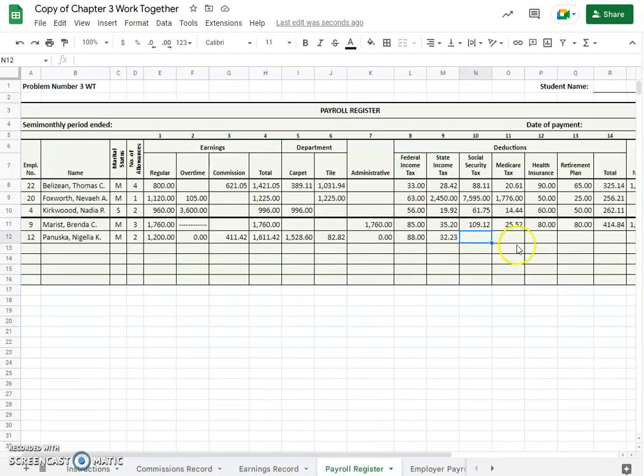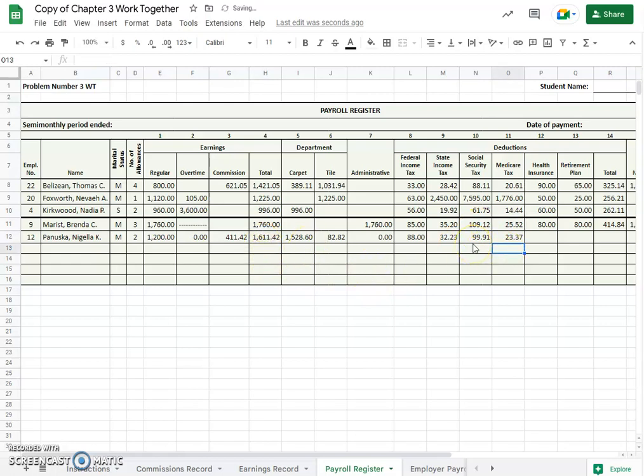So we'll come back to this tab, equals 0.062 times, which would be 6.2%, times your total earnings, and Medicare 0.0145 times your total earnings.